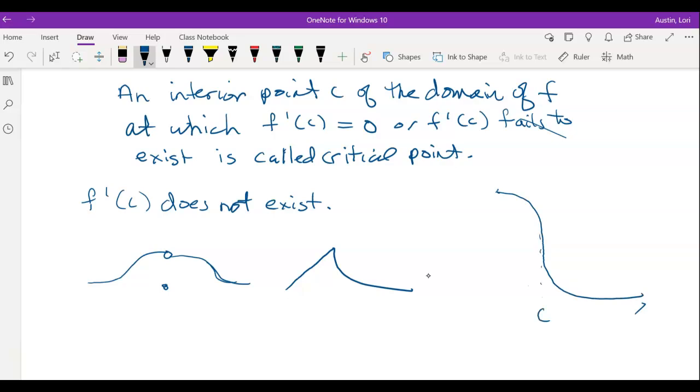Okay. Do you see if I were to draw a tangent line at C, what kind of line do I have? I got a vertical line. The derivative's not going to exist there. You try to find the derivative, you'll know the derivative doesn't exist.